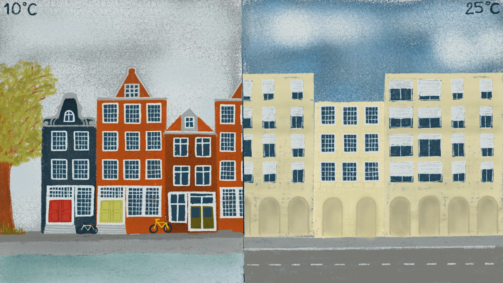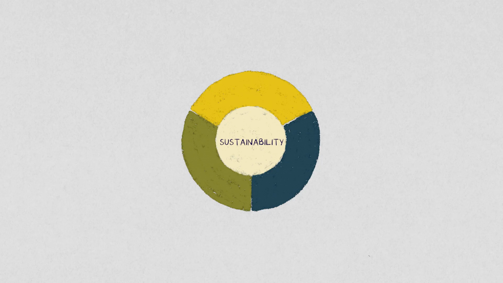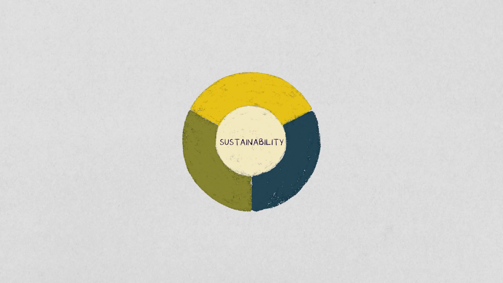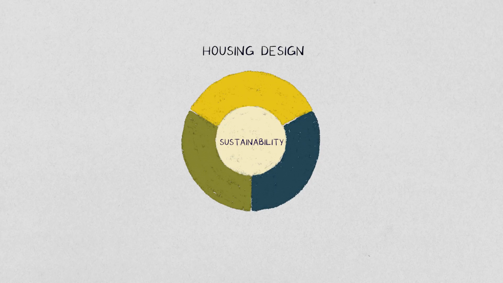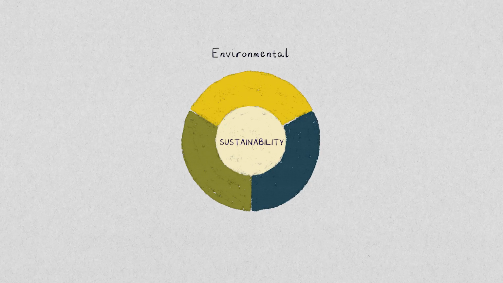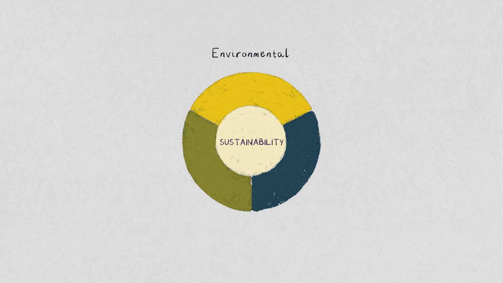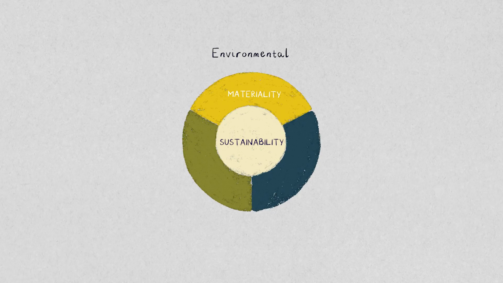For this course on sustainable housing design, we have adapted the three dimensions of sustainability to apply more specifically to aspects of housing design. The environmental sustainability then translates to the physical aspects of housing design, which we will group under the name materiality.